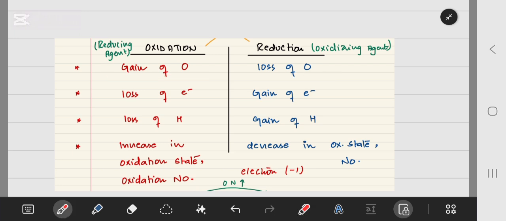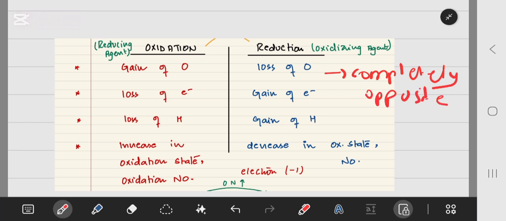So we can conclude that redox reactions are simultaneous and completely opposite of each other. For example, if in oxidation there's a gain of oxygen, in reduction it's going to be a loss of oxygen. In oxidation, if there is a loss of hydrogen, in reduction it's going to be a gain of hydrogen. You can see that they are completely opposite of each other, like I've stated over here.